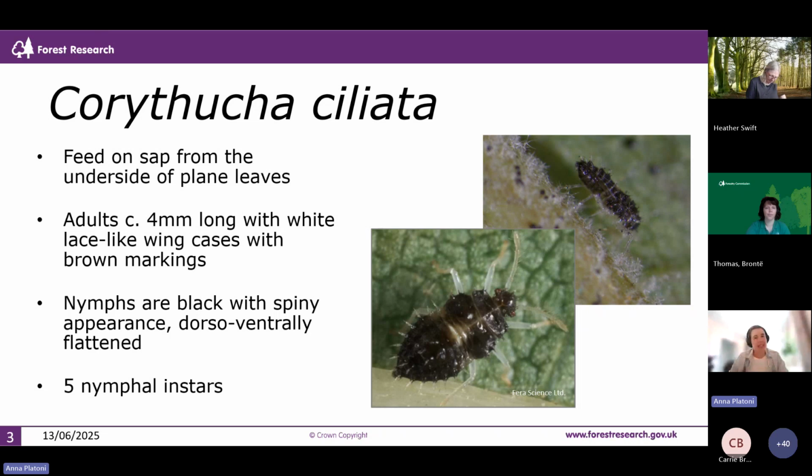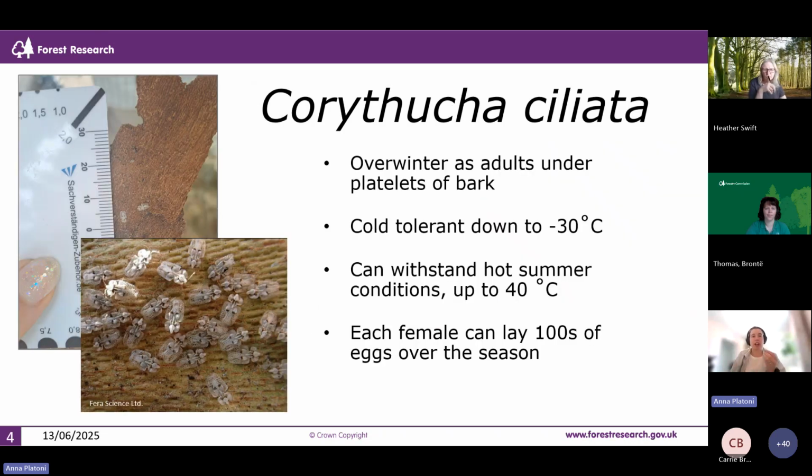One of the other interesting things about PLB is that it overwinters as adults under the bark platelets. Plane has a very characteristic piece of bark that can flake off, and PLB makes the most of this, as it's a good place for it to hide. The main thing this does is make it extremely tolerant to cold weather.